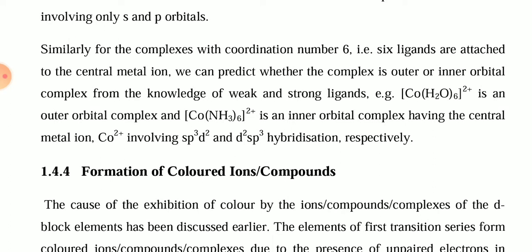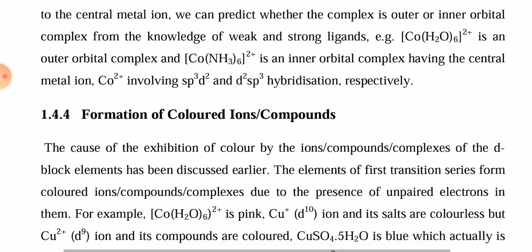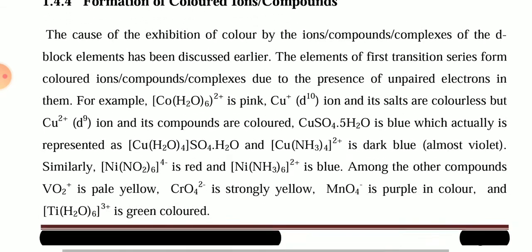The oxidation state is the same for both, plus 2, but the hybridization is different. Co(H2O)6 2+ is an outer orbital complex, so it has sp3d2 hybridization, and Co(NH3)6 2+ is an inner orbital complex, so it has d2sp3 hybridization.